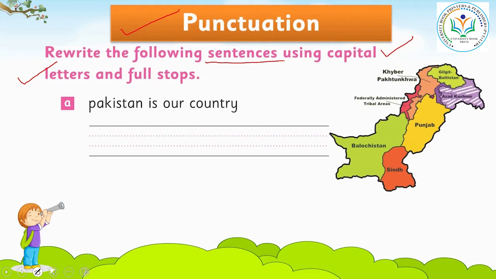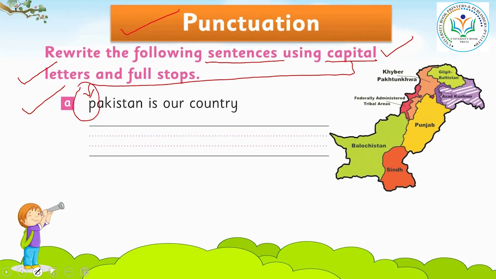So our first example is Pakistan is our country. So our first sentence is what? Pakistan is our country. Now in terms of this sentence, first you should be clear in your mind that whenever we have the first word of any sentence, that should be capital.